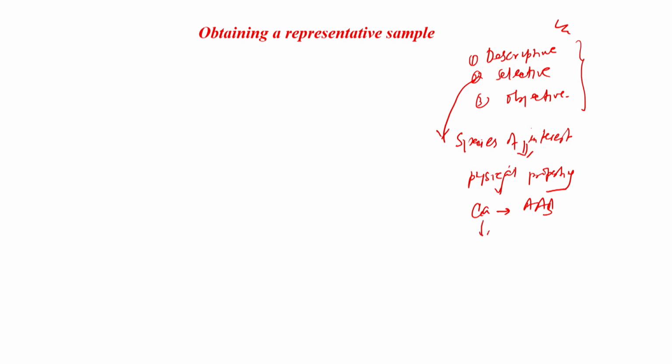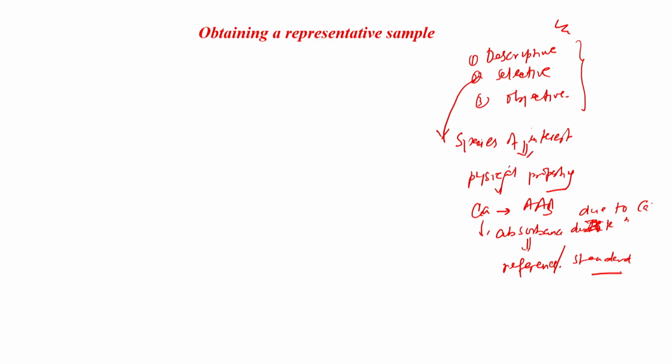So, in the solution you have calcium, and what you are going to measure is the absorbance due to calcium. Then you again have to use a reference, we will discuss that, or a standard, which most of the time in these cases we call a standard.